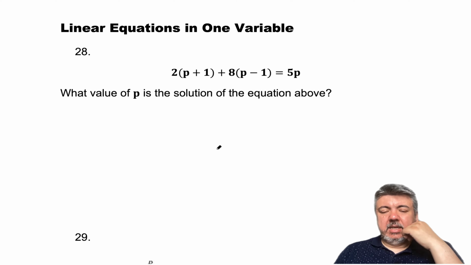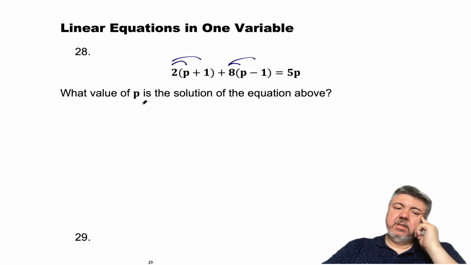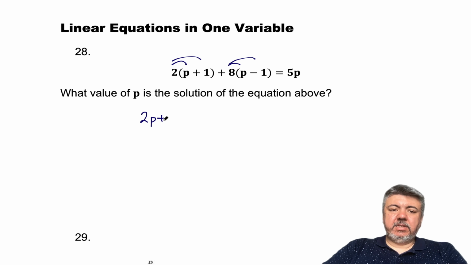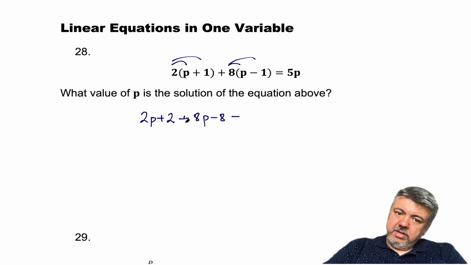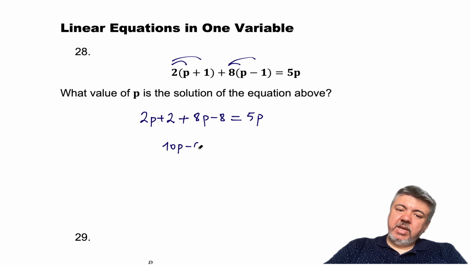Question 28 asks me to find P. And I can do that. Just remember, expand, expand, expand. 2P plus 2, 8P minus 8. Oh, sorry, there is a plus here. 8P minus 8 equals 5P. 10P minus 6 is 5P.